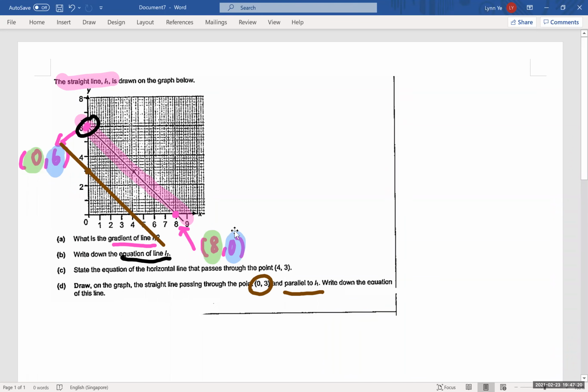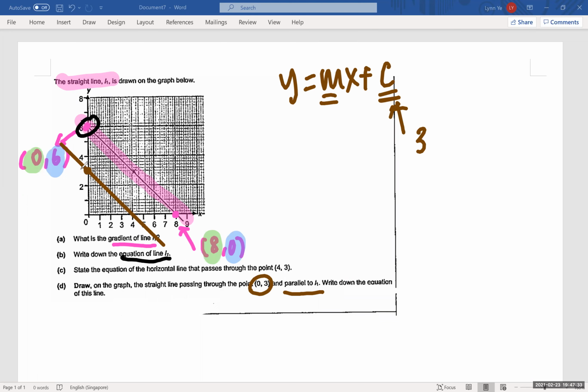So right now they asked me to find the equation of this line. Equation is always in the form of y equal to mx plus c. I need to find my m and my c. And I know my c is already a value of 3 because it cuts through this value, which is my y-intercept, 3. But next I need to find my gradient. How to find my gradient?